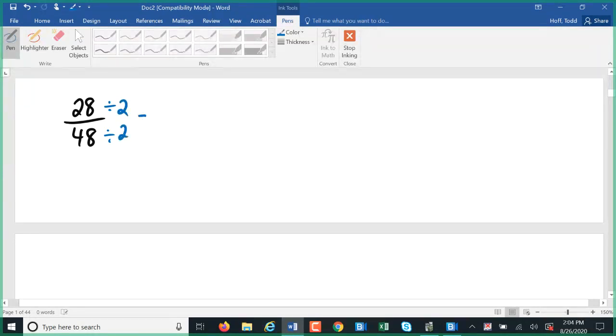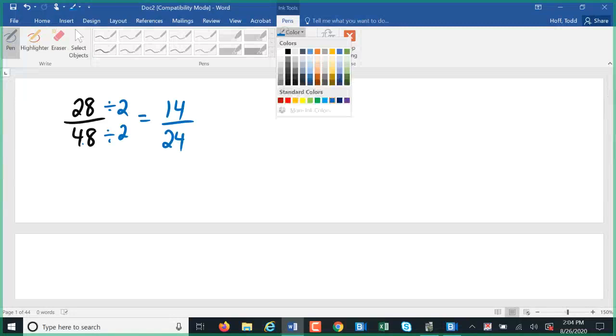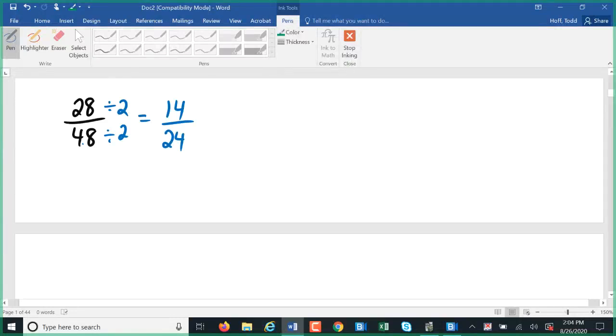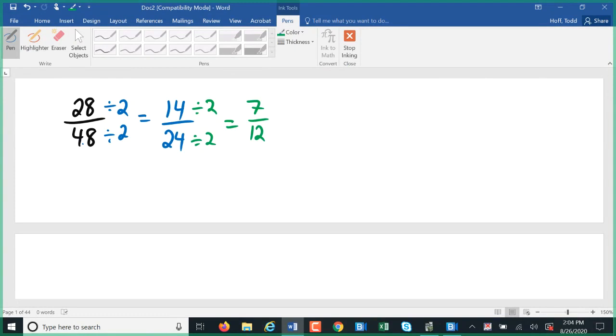I heard 2, so let's do that. 28 divided by 2 is 14. 48 divided by 2 is 24. Are we done, or is there something else we can divide by? By 2 again. Perfect. 14 divided by 2 is 7. 24 divided by 2 is 12. Good. Now 7 is prime. It can't be divided by anything other than itself or 1. So we have to stop there.